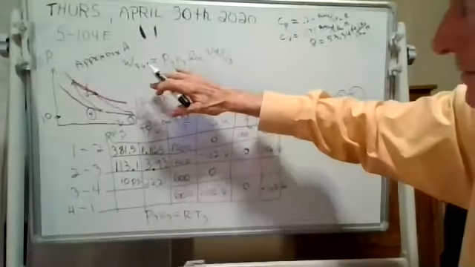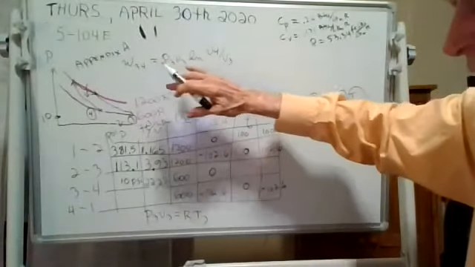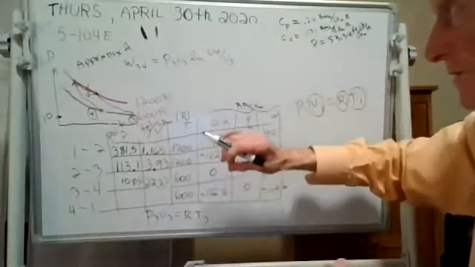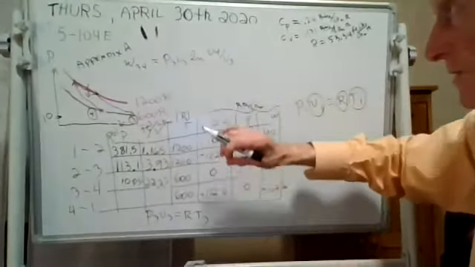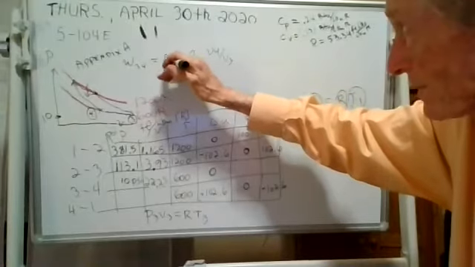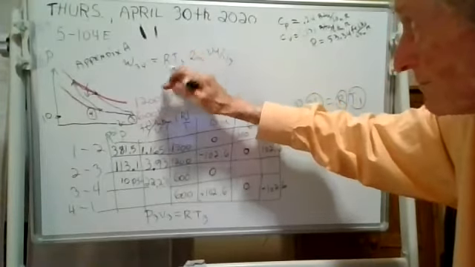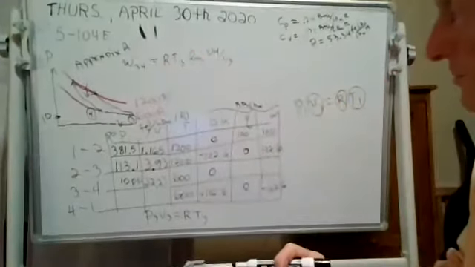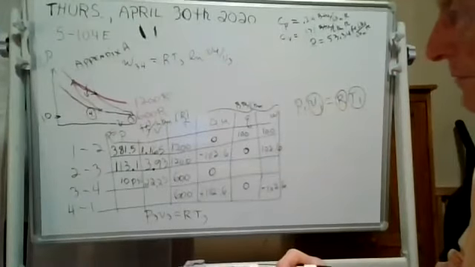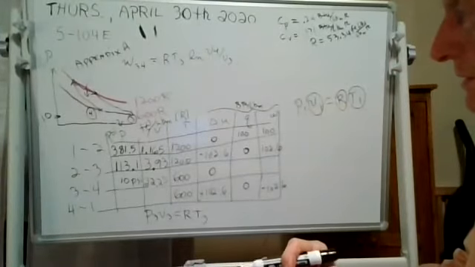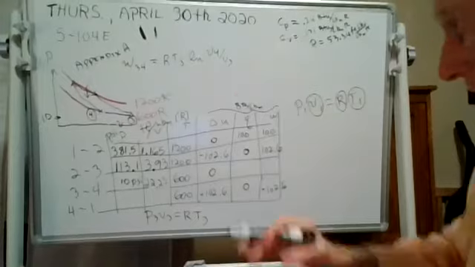But you could write P3V3 as RT3, couldn't you? Oh, yes, I could. See, we could write that as RT3, and we know T3, and we know V3. Look at here.